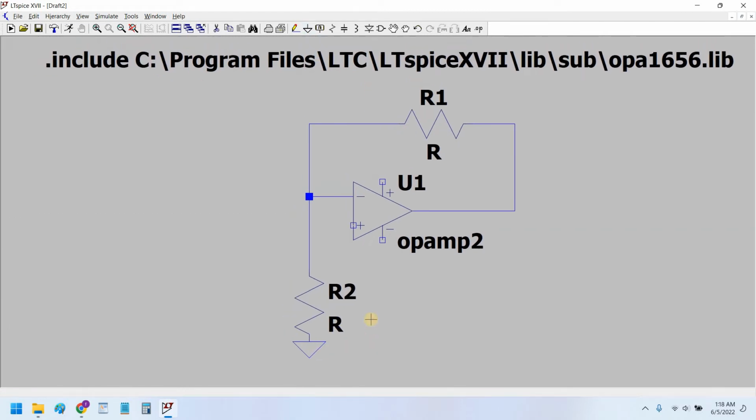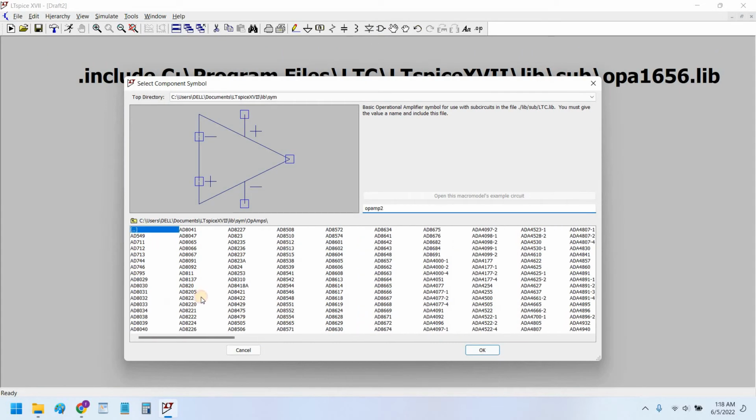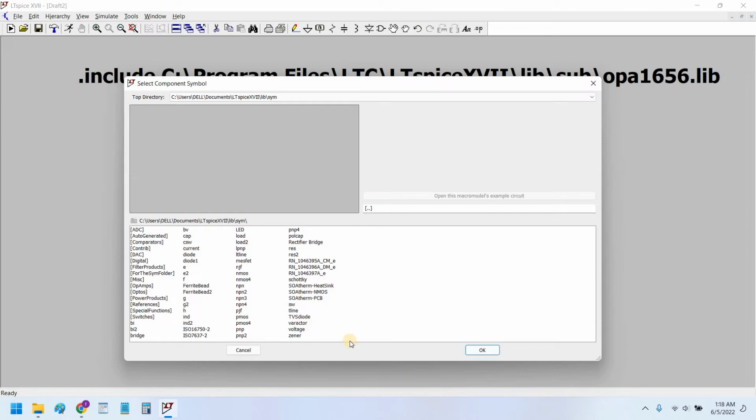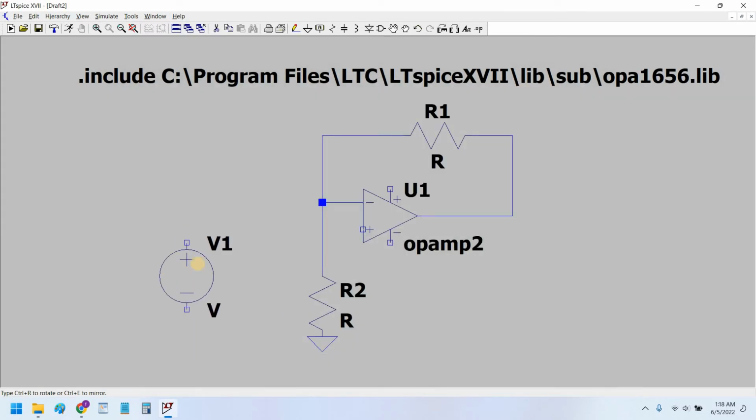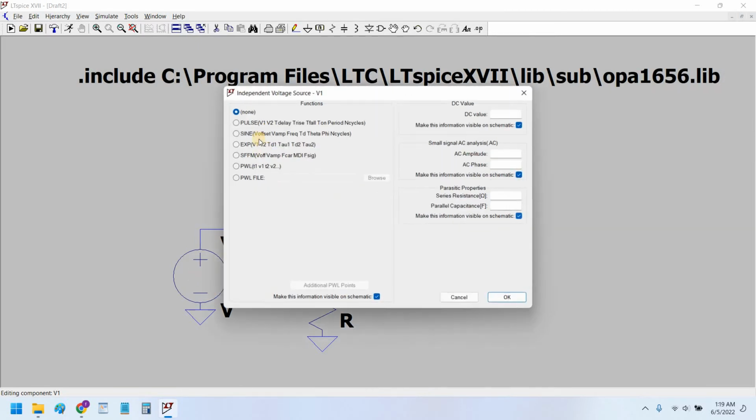This is the ground connection, and we would use a voltage source on the input side, that is the positive input side. This is because it is the non-inverting amplifier. Now place ground on the voltage source, that is the signal source. Right click on the voltage source, click advanced and select sine.